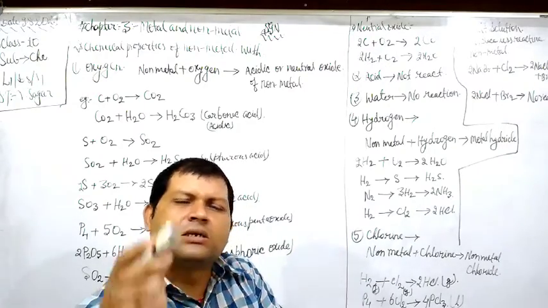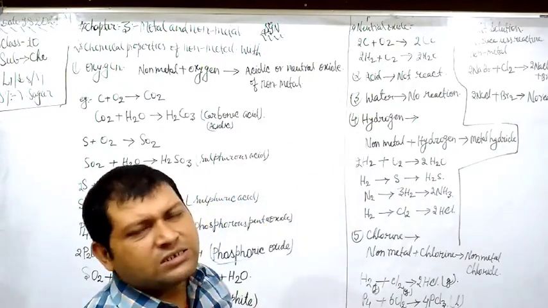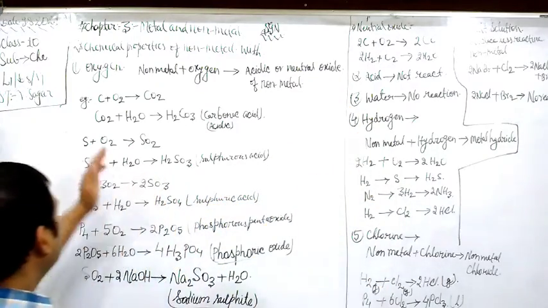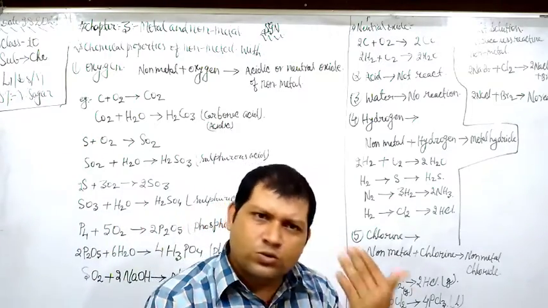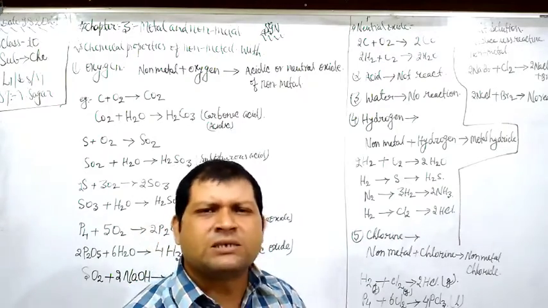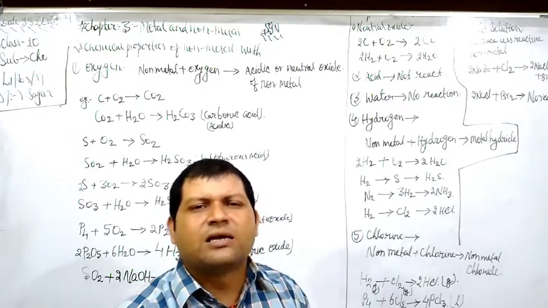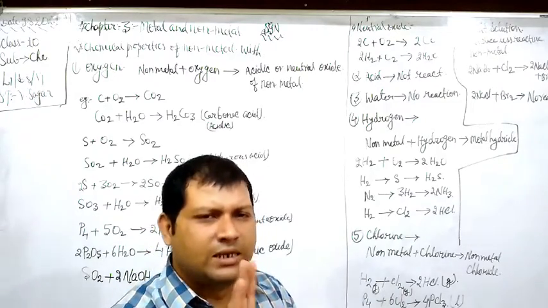Carbon monoxide is neutral in nature. So this reaction is called a neutral oxide formation. Actually what happens when nonmetals react with oxygen is that compounds form, and those compounds may be acidic or may be neutral in nature.